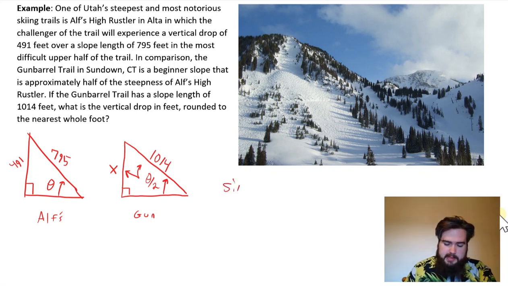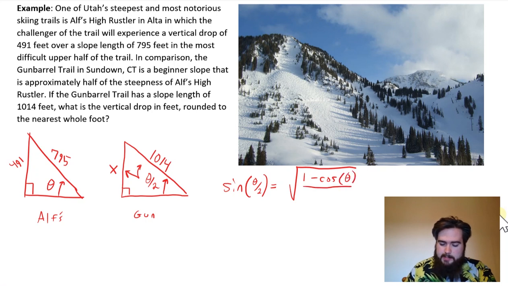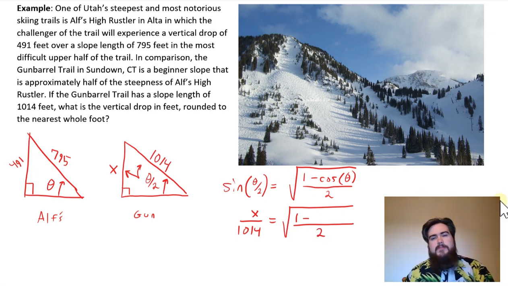So, sine of theta over 2 is equal to the square root of (1 minus cosine of theta) divided by 2. We want sine of theta over 2 to be x divided by 1014. And for the right side of this, we just need to know cosine of theta.